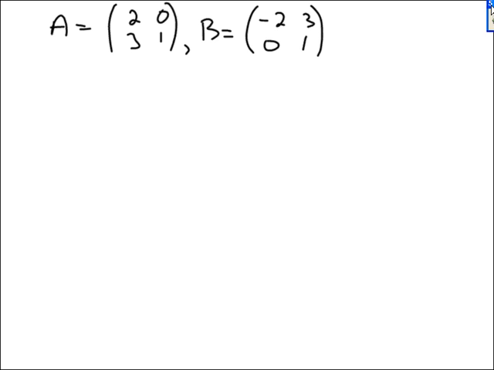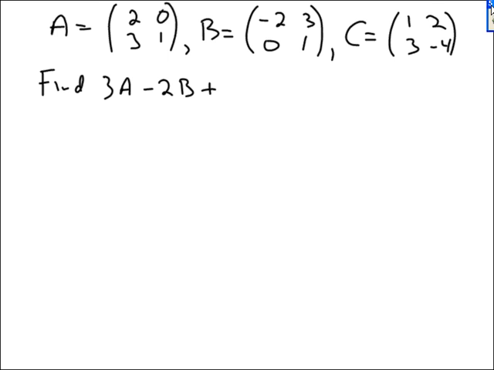Suppose you come to know that matrix A is 2, 0, 3, 1. That matrix B is negative 2, 3, 0, 1. And matrix C happens to be 1, 2, 3, negative 4. That's given. And you are being asked to find the following. Find 3A minus 2B plus 5C.